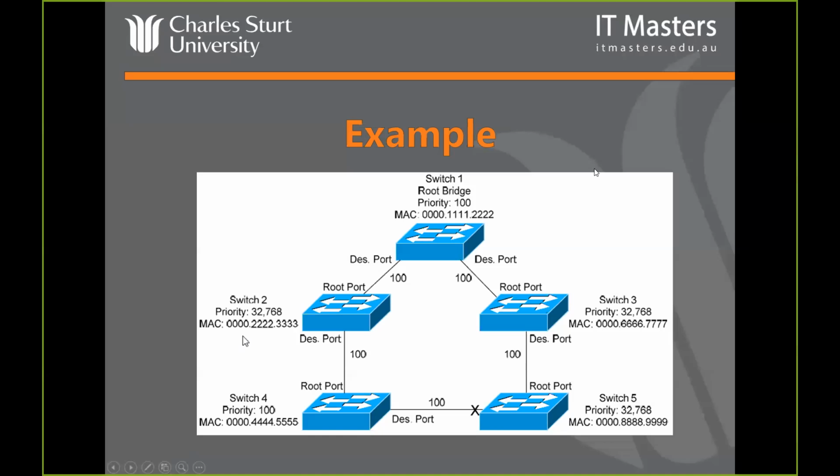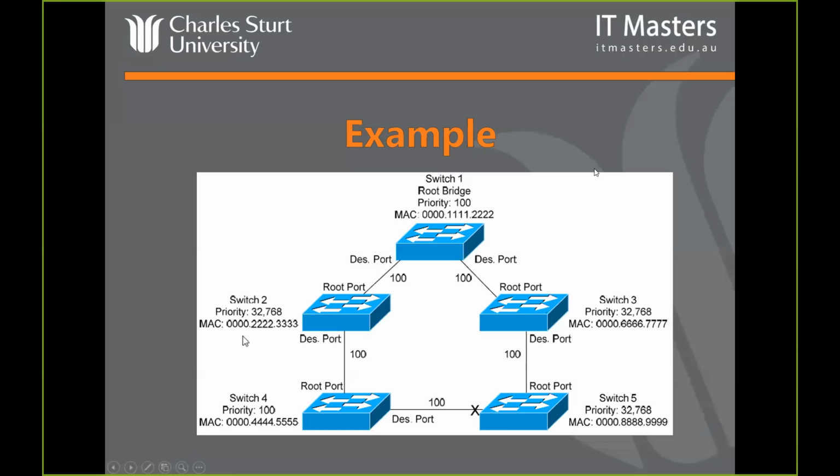Similarly with switch 3. Their designated port, however, in this case, the designated port for switch 2 is the one that's connected to this network segment here, because for this particular network segment, this port here on switch 2 has the lowest accumulated cost to the root bridge.